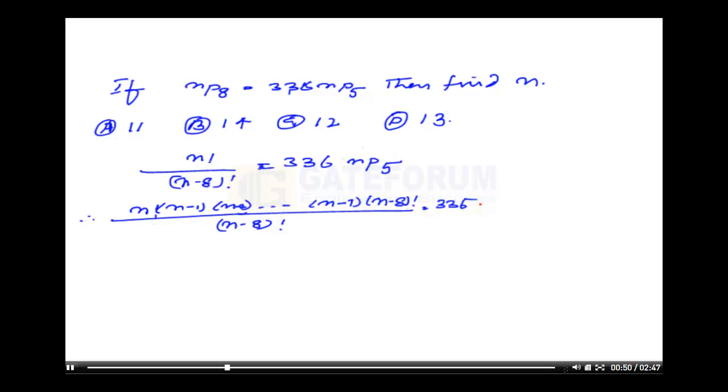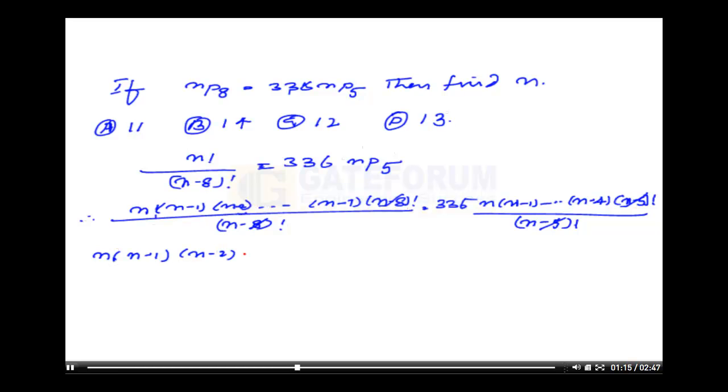Again by expanding n minus 1, n minus 4, n minus 5 factorial by n minus 5 factorial. By cancellation of the terms on both sides, we get n minus 1, n minus 2, up to n minus 7 equivalent to 336, n minus 1, n minus 2, n minus 4.